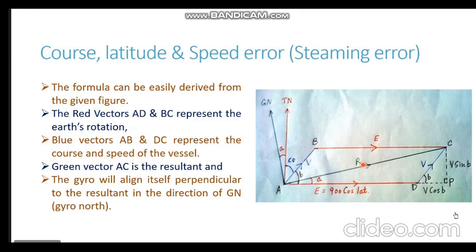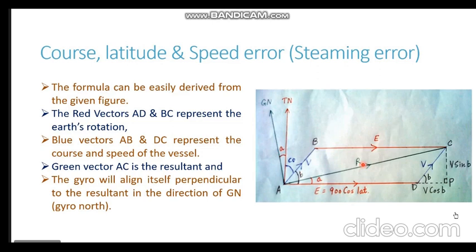Now once you make this kind of arrangement, we see that the spin axis starts to point in the north-south direction. Now this direction is perpendicular to the direction in which the Earth is taking the gyroscope. The Earth is rotating in the easterly direction, and the gyroscope spin axis aligns itself perpendicular to the direction in which it is being taken by the Earth.